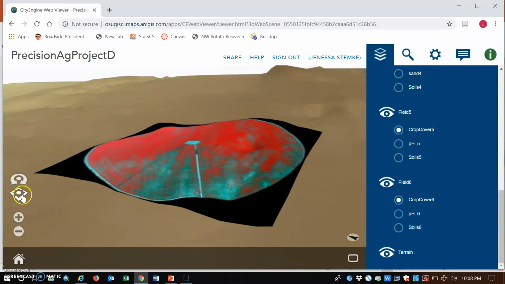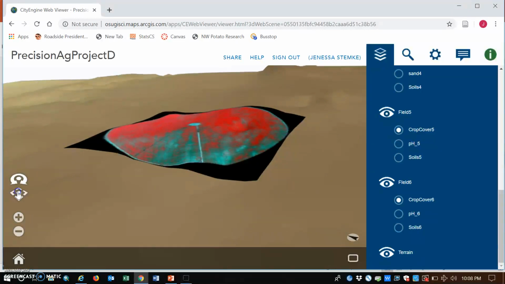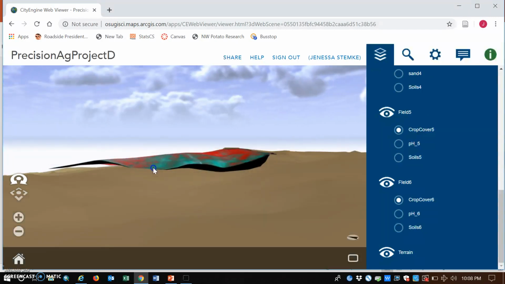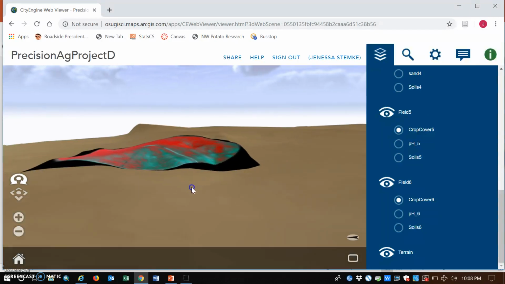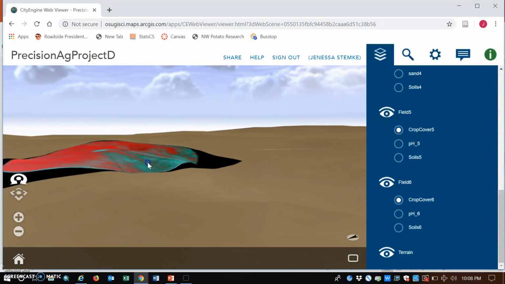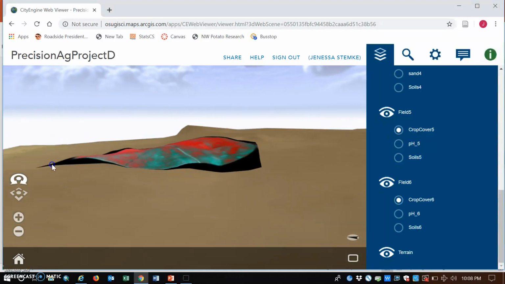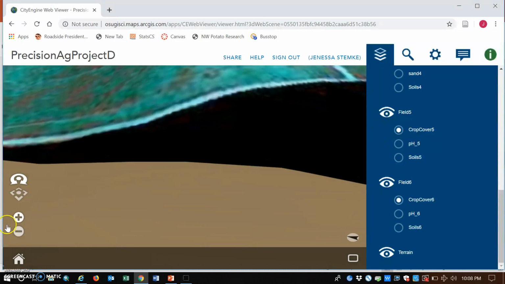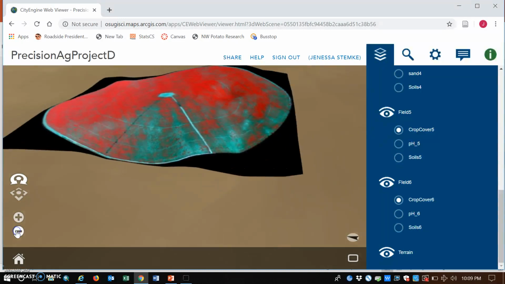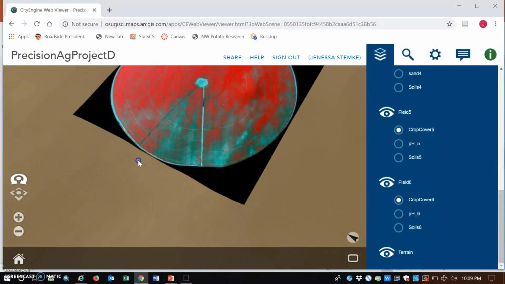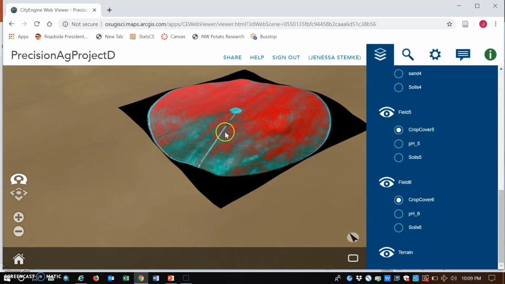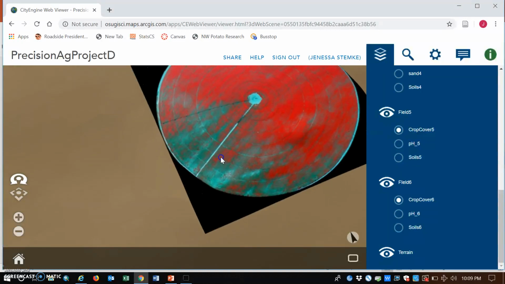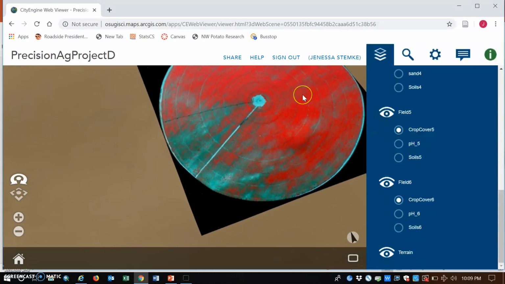Now let's check out one more field. This field was very hilly. We actually sampled on this field, and we are sampling a grid right here in this corner, or this region.